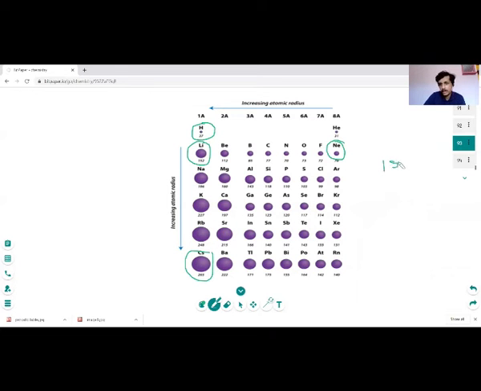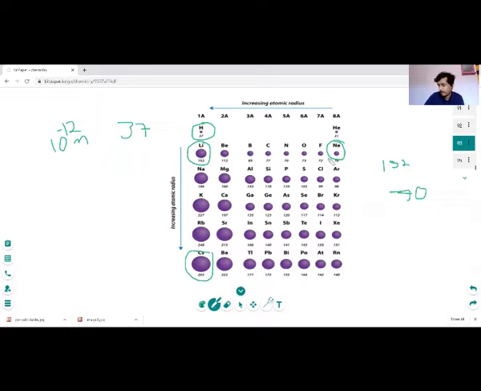When you go down the group, it increases from 37 picometer. Picometer is 10 to the power minus 12 meter. 37 to 265, an enormous increase, almost 8 to 9 times, which is clearly due to addition of electron to the new shell.